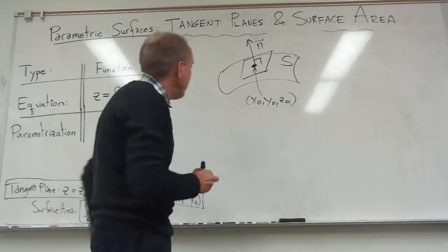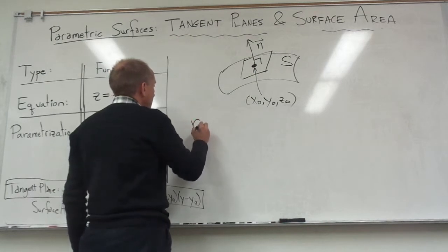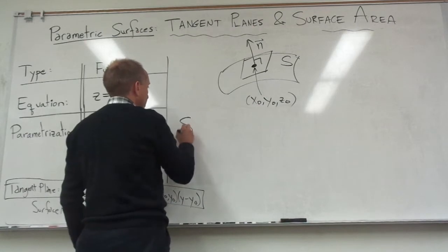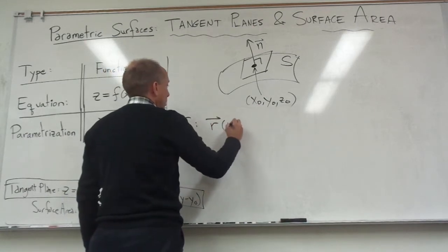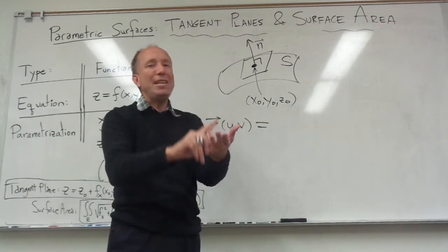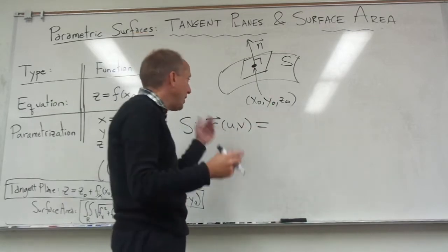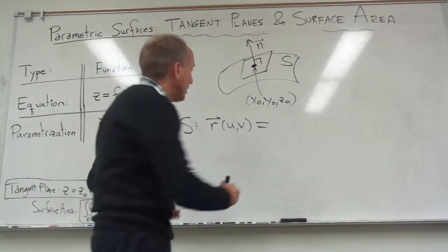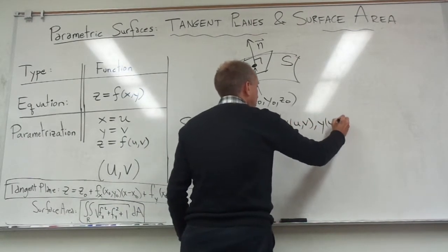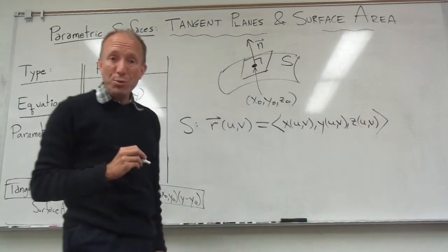So it turns out that we can kind of verify this. If we take the parameterization of the surface, remember that what we're really doing is we're going to introduce two parameters. They might be u and v, they might be phi and theta, they might be theta and v, they might be r and theta, right? Any of those examples that we looked at earlier. But remember that you have basically a position vector that is telling you what x, y, and z are as functions of those parameters u and v.